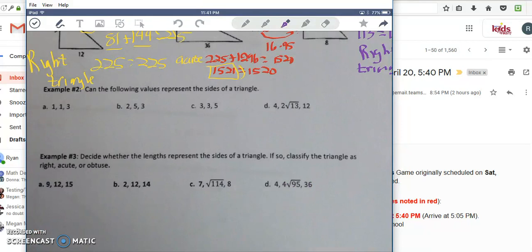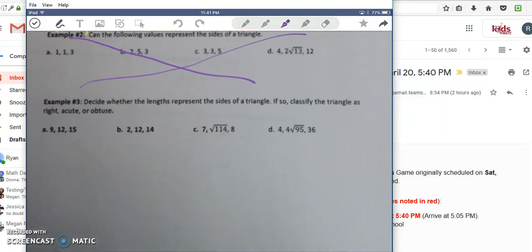As of right now, we're going to take example 2, and we'll cross it out. We're not going to do any of those. The only thing on the bottom one, in example 3, I just want to show you one that was considered an obtuse triangle.